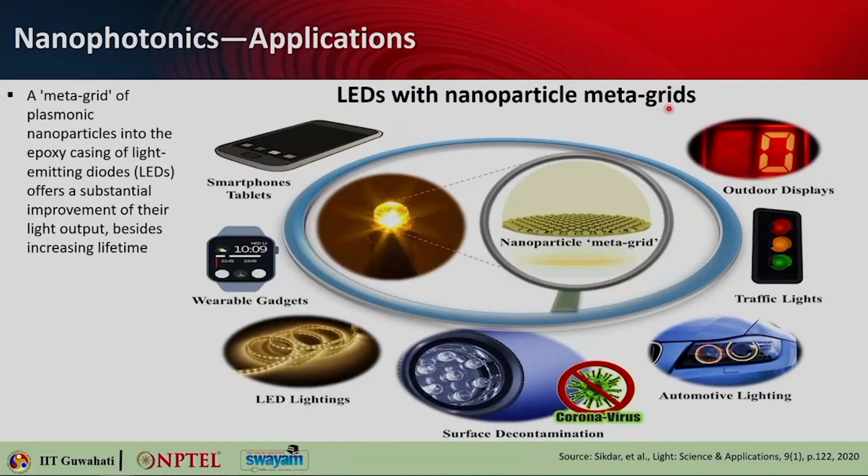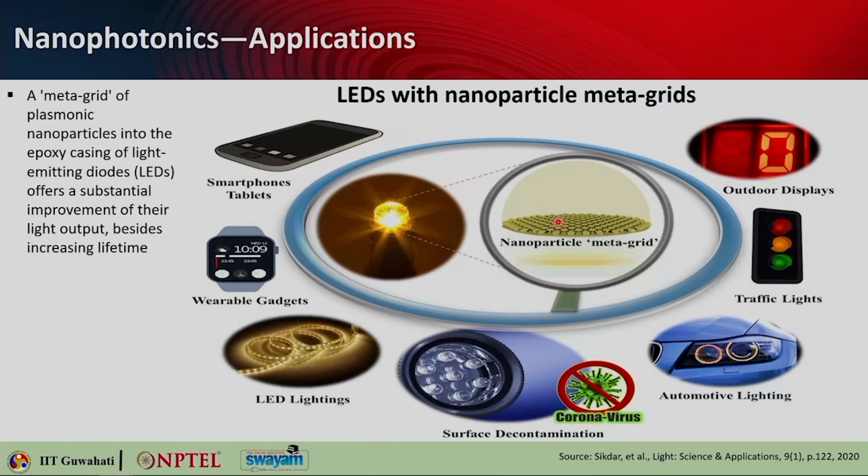If we are able to show that there is enough potential in those materials, there will be drive to set up those foundries and facilitate fabrication of those nanoscale devices in large scale. One such example I'll be showing here today is use of nanoparticle metagrid. Metagrid is nothing but a two-dimensional array of nanoparticles for enhancing the light extraction from LEDs.